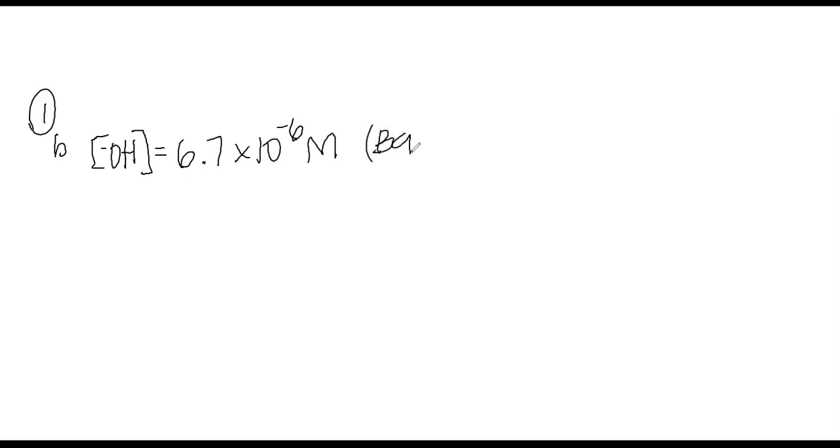For part 1, letter B, your OH concentration is 6.7 times 10 to the negative 6. I'm just giving you the answer already solved. Therefore, that one is a basic solution.